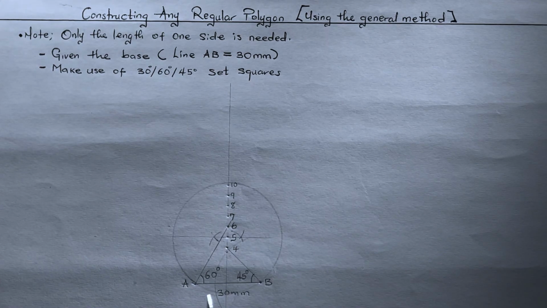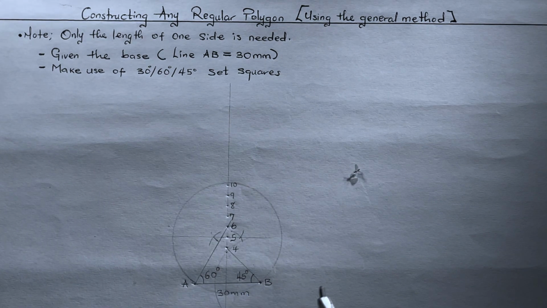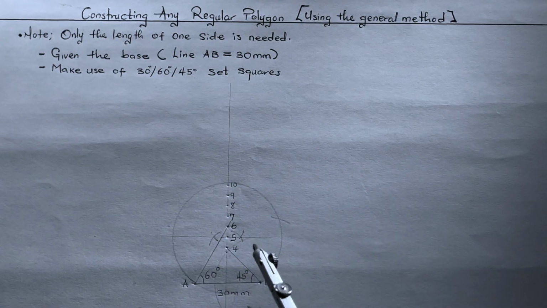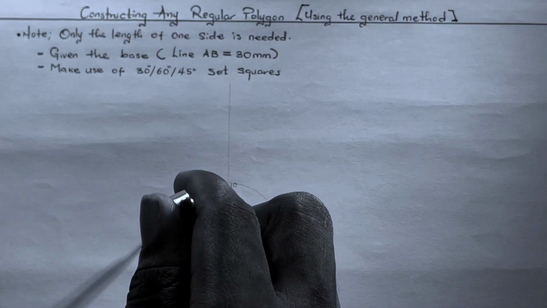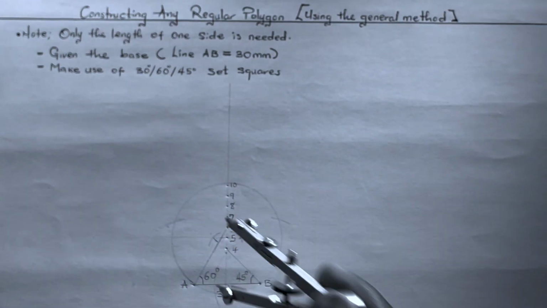We know that our line AB is 30 millimeters. So we measure our line AB, which is 30 millimeters, and with that we draw the other sides of the pentagon. We extend the sides.